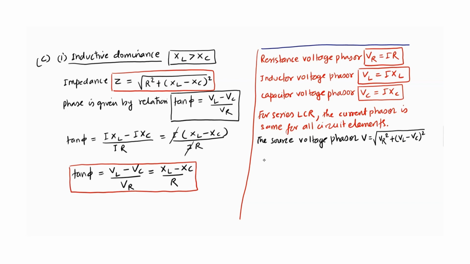Therefore, V equals under root IR power 2 plus I times XL minus I times XC whole power 2. Clear? So we can simplify and write V equals, taking I out of the square root.